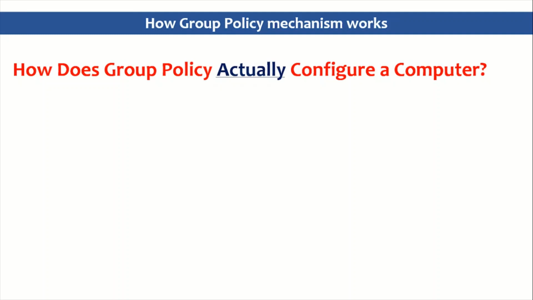I was not able to check the properties of the local area connection. I was not able to create any desktop icon. So I was just amazed, wondering how these things happen at the back end. So let's discuss how group policy actually configures a computer.